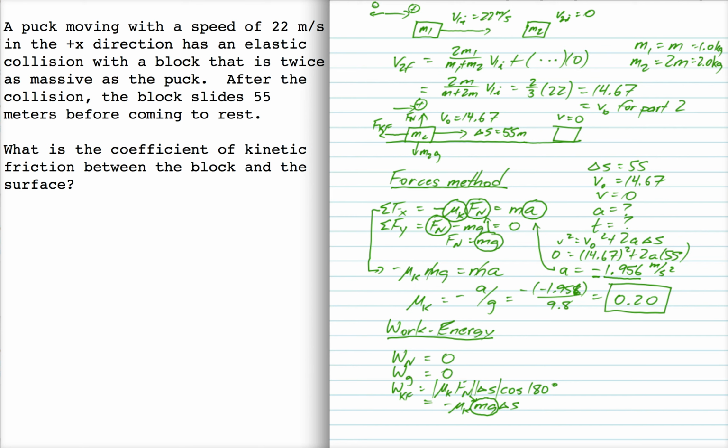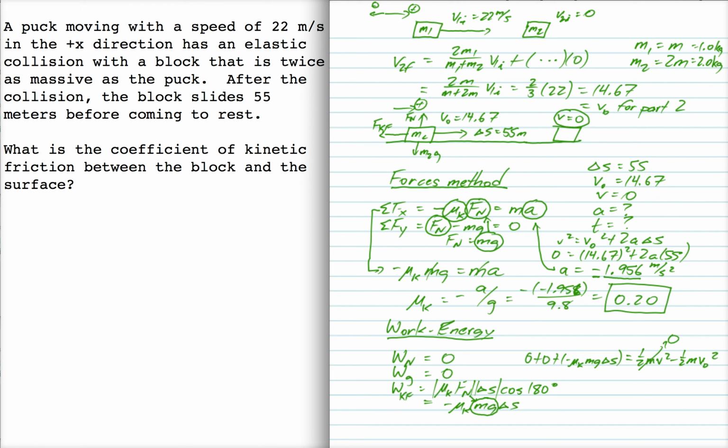Okay, so the work energy theorem tells me that I add up the works done by all the forces and I set it equal to the change in kinetic energy. Now we're told that the final velocity is 0 after it slides.